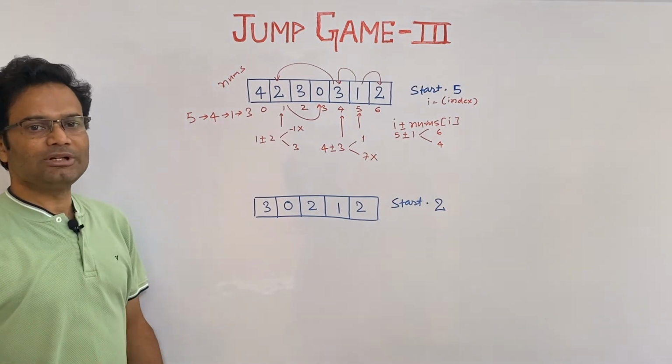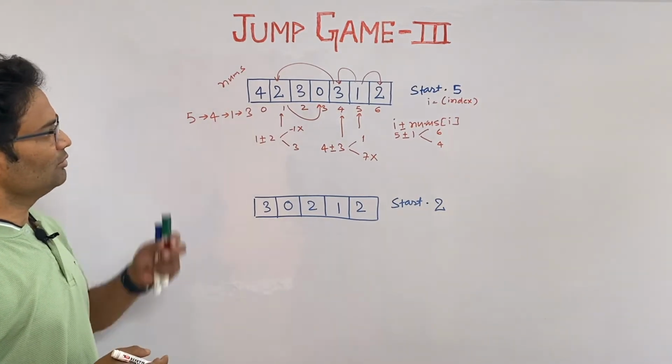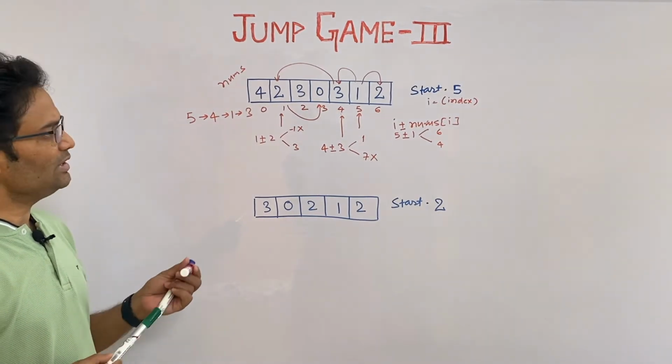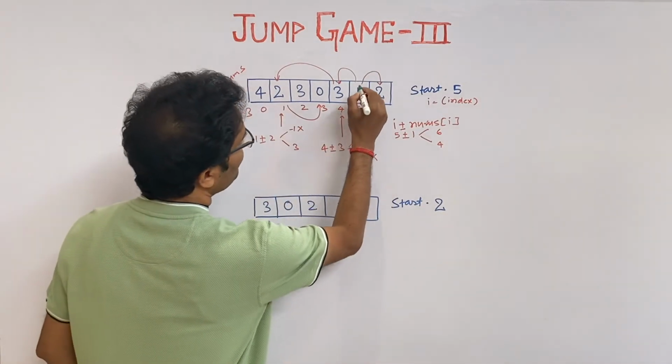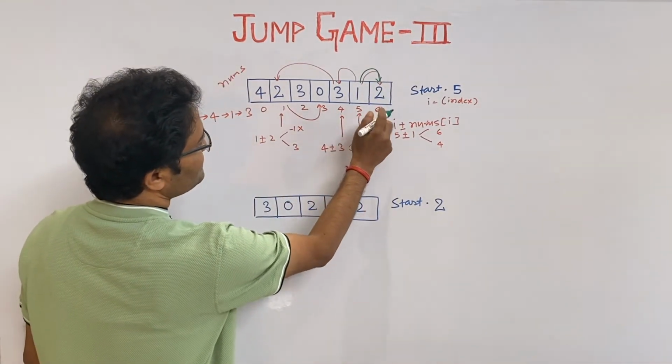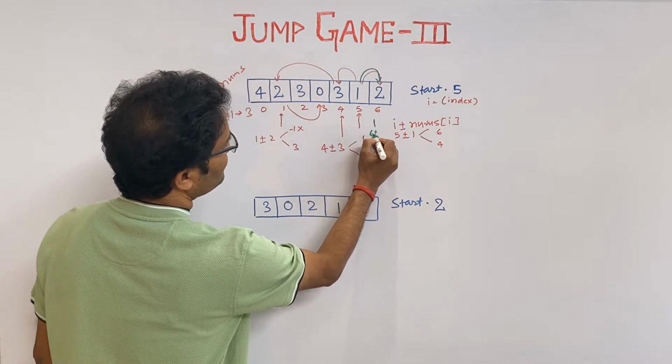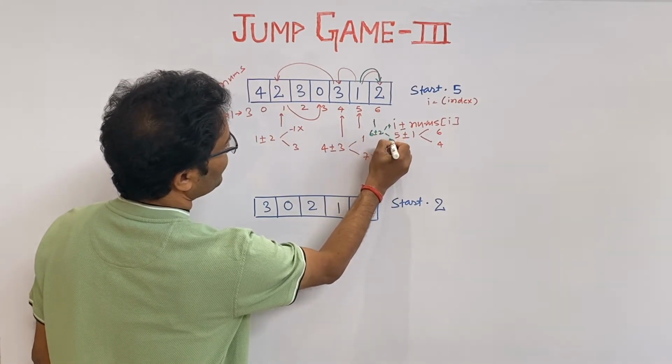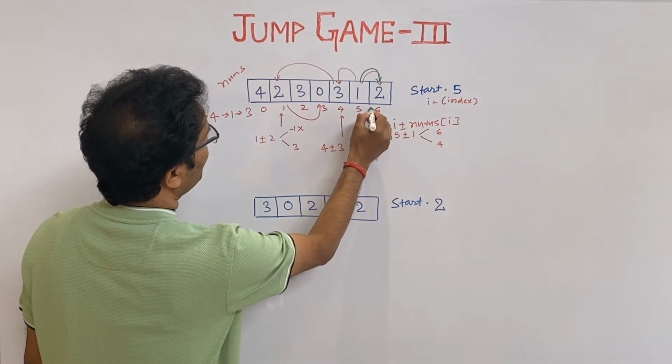But there are many possibilities. This is not the only way. From 5 you can also reach 6. From 6 plus or minus 2, so 4 and 8. So we can come to 4 also.